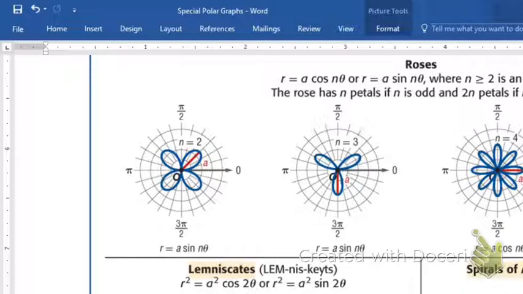If your n value is even, you will have twice that many petals. So when n is 2, you get 4 petals. If n is 4, you have 8 petals. If n is 8, you have 16 petals. If your n value is odd, you just have that many petals. So if n is 3, you have 3 petals. If n is 5, you have 5 petals. If n is 7, you have 7 petals.